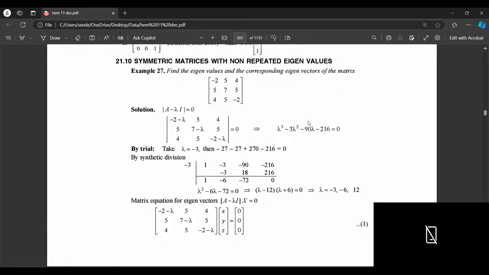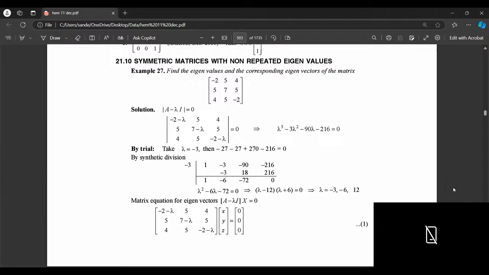You see, this is a symmetric matrix. What is meant by symmetric matrix? Aij equal to Aji. A12 is 5, A21 is 5, A13 is 4, A31 is 4, A23 is 5, A32 is 5. Means this is a symmetric matrix.